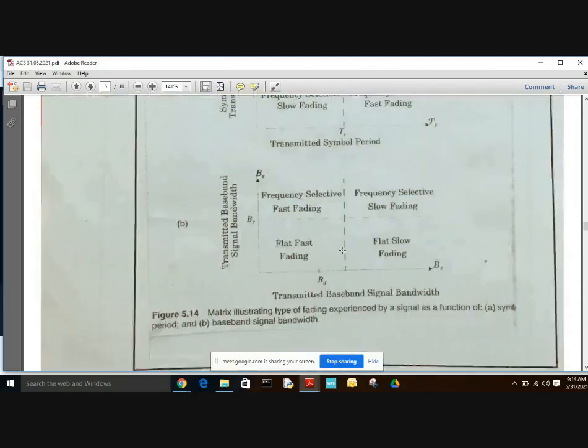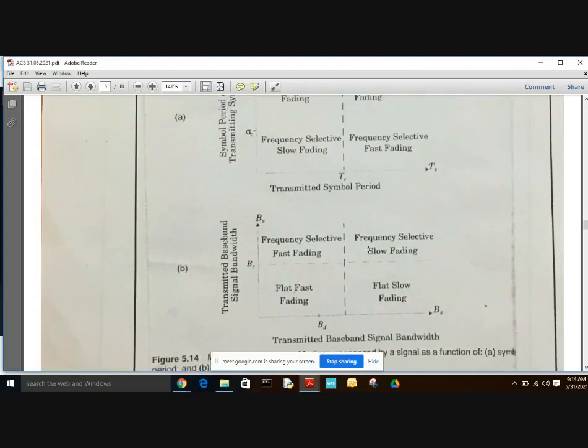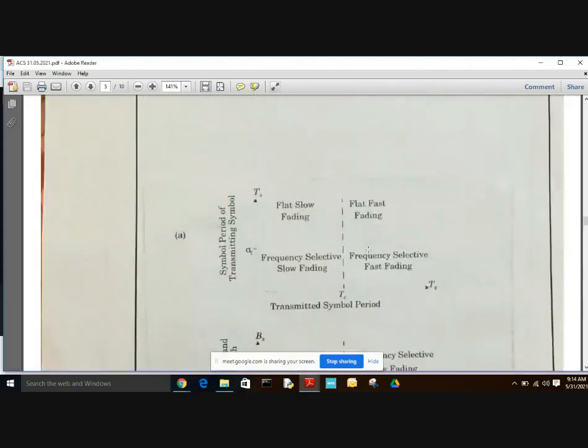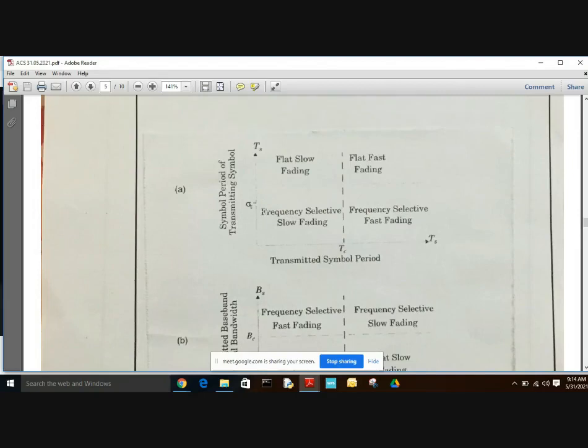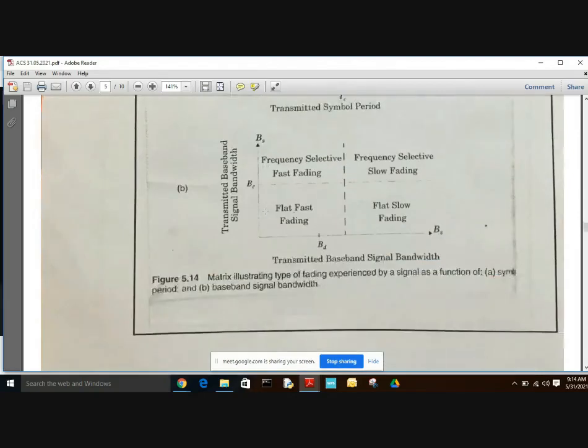This graph is based on Bs and Bd, that is, the baseband Doppler shift, and this corresponds to the symbol period of the transmitted signal, and the RMS value of the delay spread. If Bs is greater than Bd, we have slow fading, and this region corresponds to slow fading, and if Bs is less than Bd, we have fast fading.